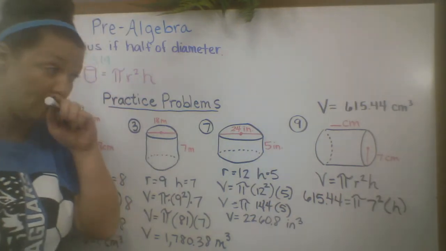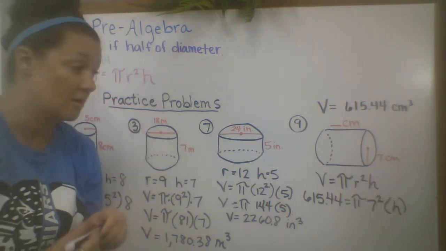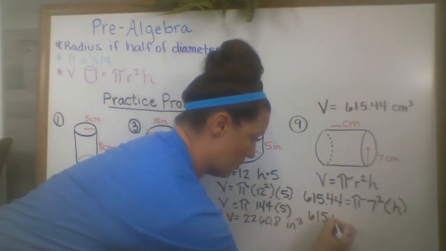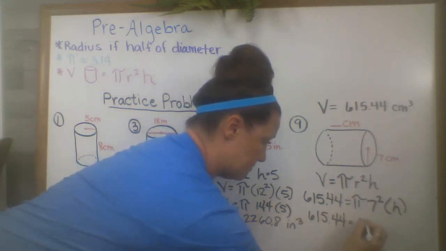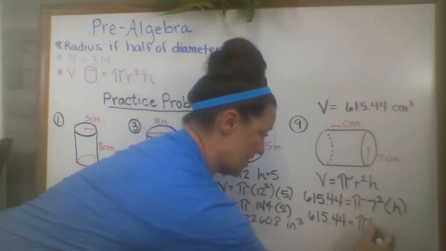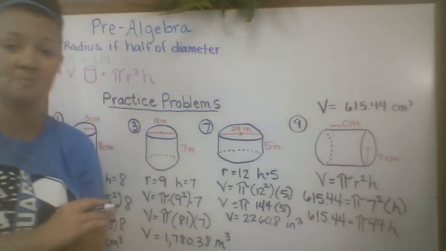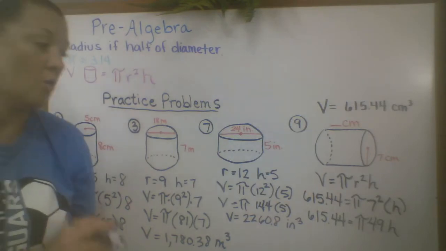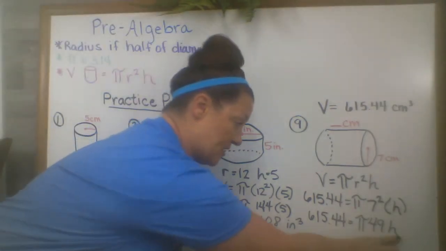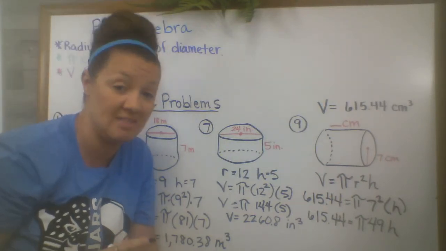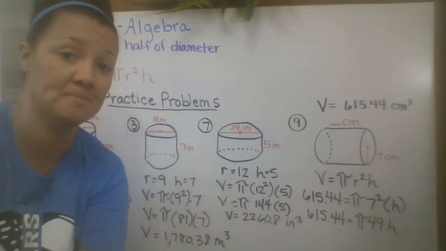So we can solve for 7 squared. What is 7 squared? Good. So 7 squared is 49, and then times h. So we could say all three of these are being multiplied by each other. So what is the opposite of multiplication?